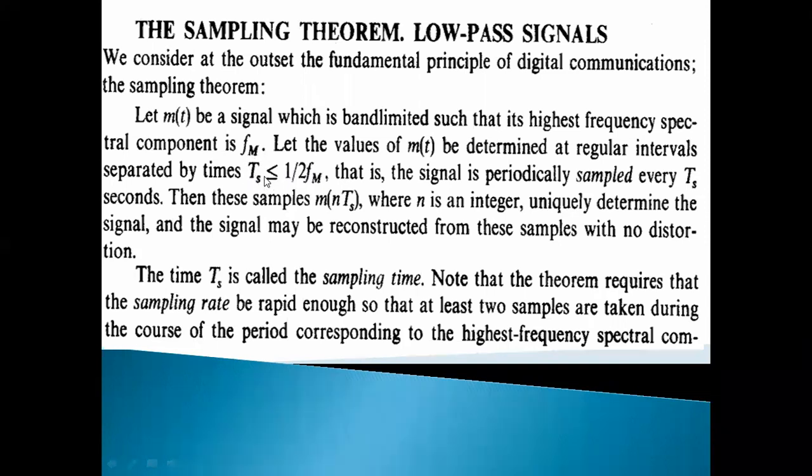Students, note the sampling theorem: Ts less than or equal to 1 by 2fm, or Fs greater than or equal to 2fm. Fs is 1 by Ts. Fs is the sampling frequency, but Ts is the sampling time. After sampling, the message signal m of t is converted to m of nTs, where n is an integer value.